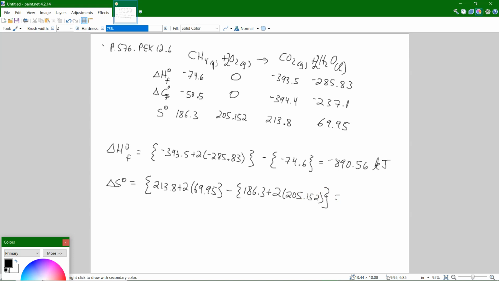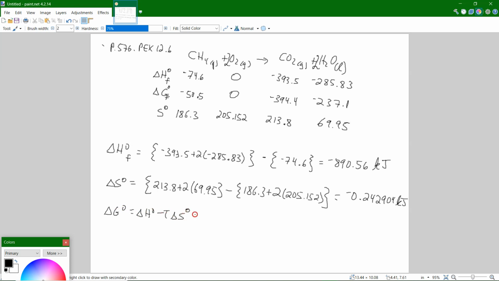So we get 213.8 plus 2 times 69.95 minus 186.3 plus 2 times 205.152, which is minus 242.904. That's in joules, so in kilojoules it would be minus 0.242904 kilojoules.